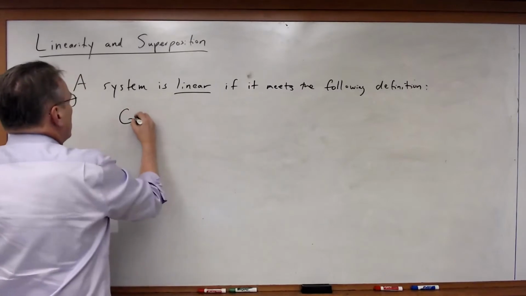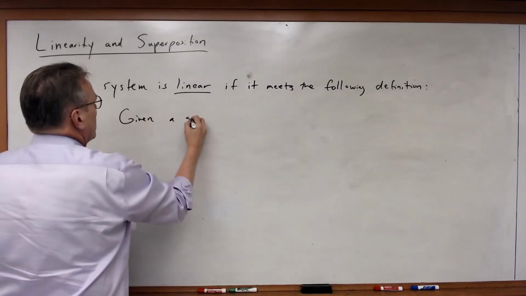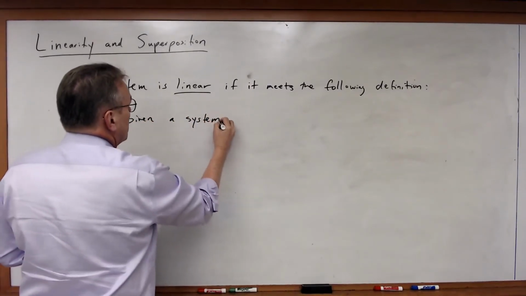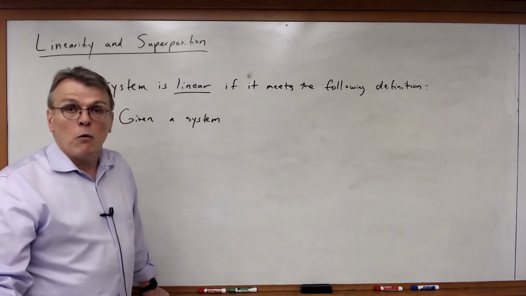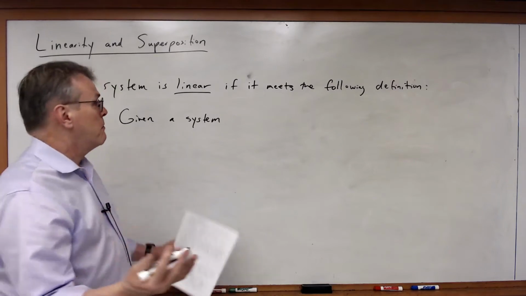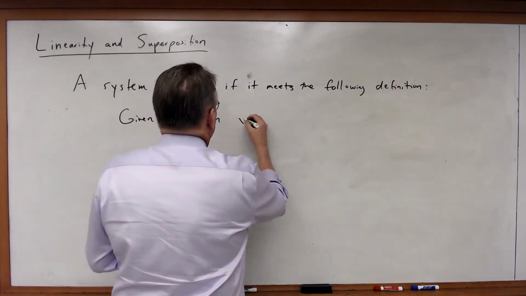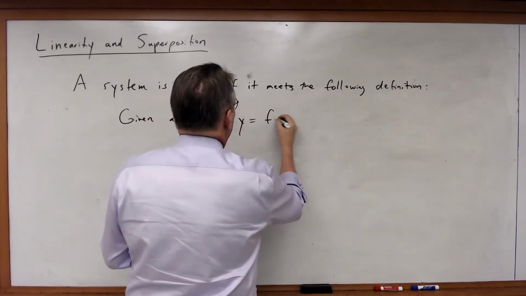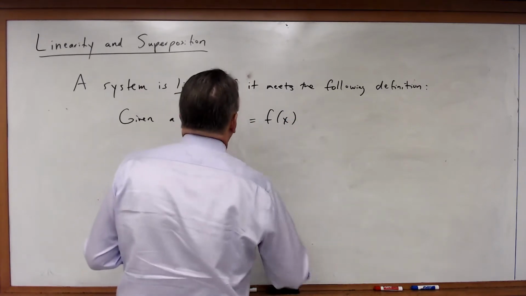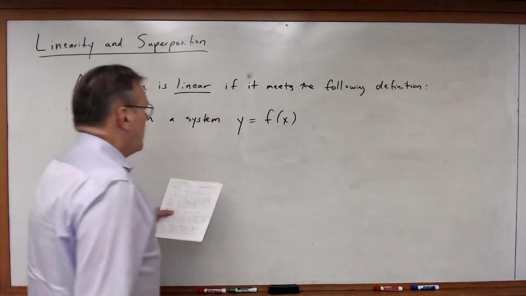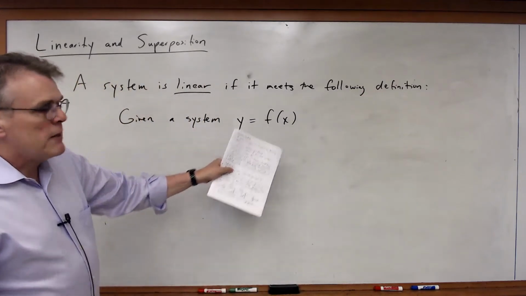Given a system, and this system can be anything. In this course, it's going to be a circuit, but it can be a mechanical or a biological system. So, given any system which is defined by y is equal to f of x, some system y, and let's assume we have two inputs.